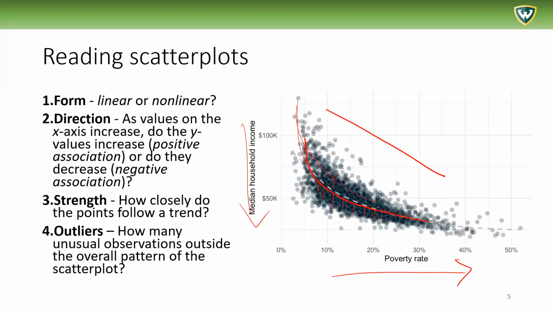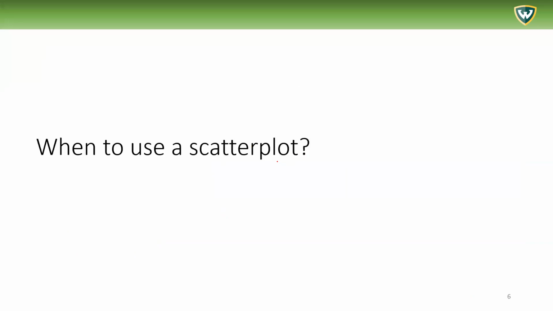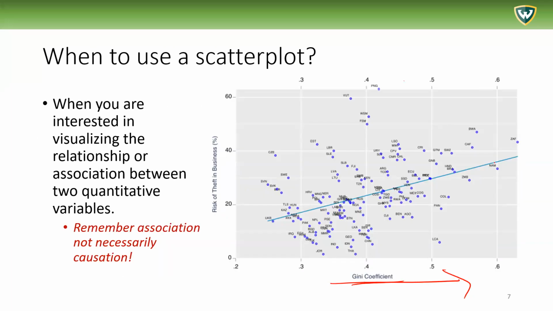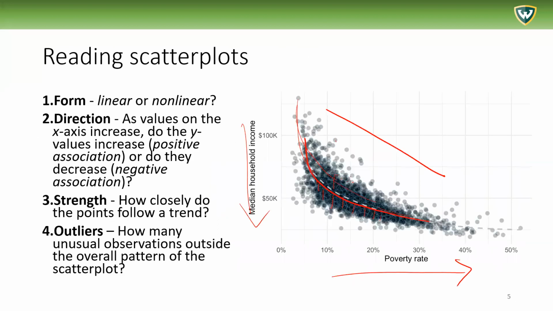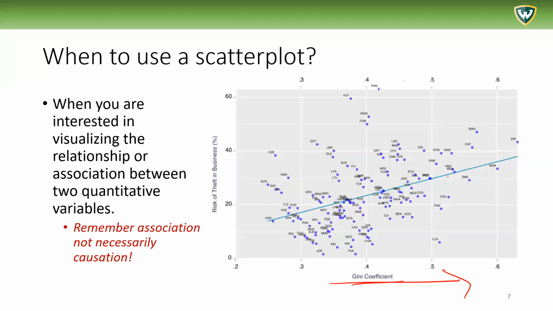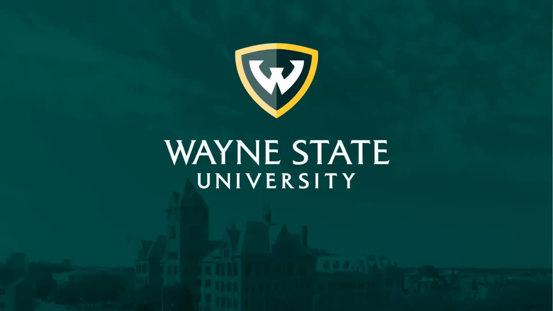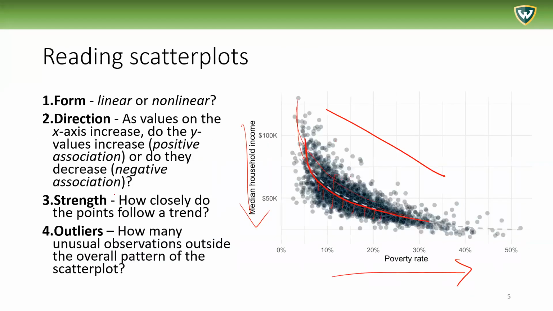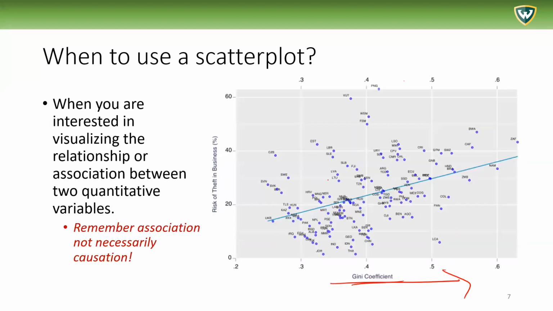As we were saying, the form here seems kind of linear. The direction is positive, meaning that as inequality goes up, business crime goes up. The strength is kind of weak, right?